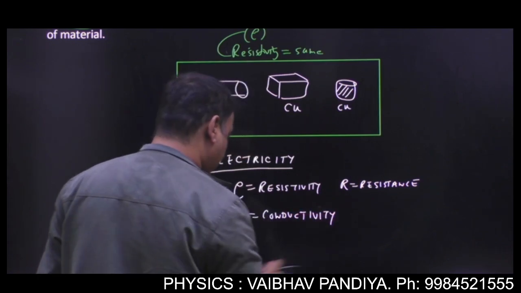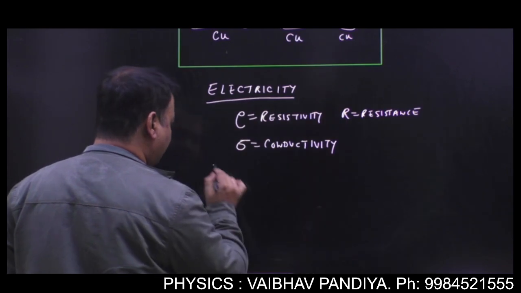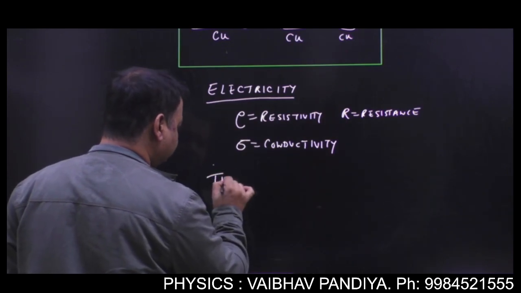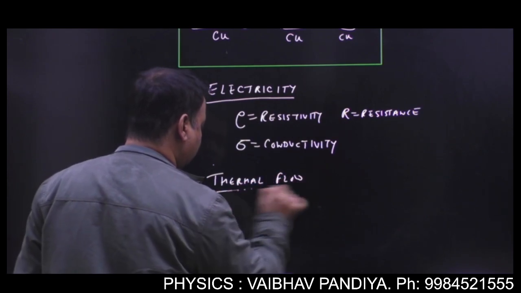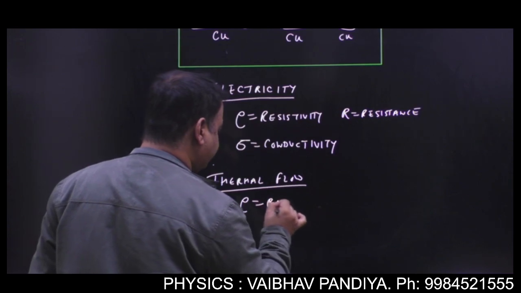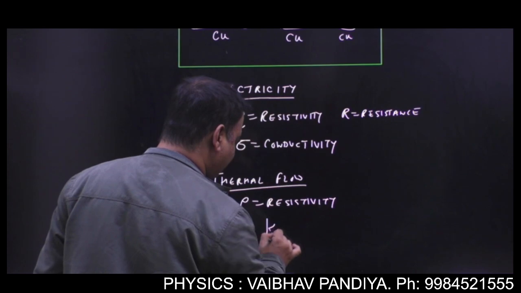Okay? In thermodynamics or thermal flow, rho is again your resistivity, but conductivity is denoted by small k.